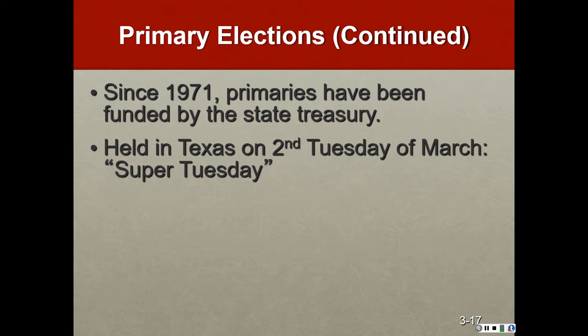The idea is that the people running for president, if they achieve a large number of delegates, this puts them very, very close to their nomination at the national level. This is the day that the most delegates are going to be available on any one day during the primary cycle.